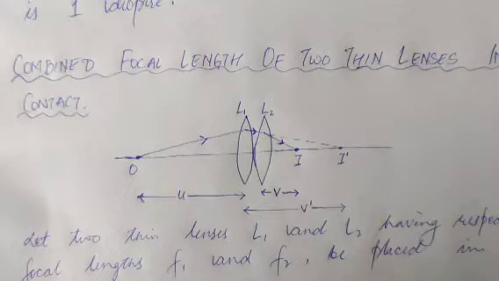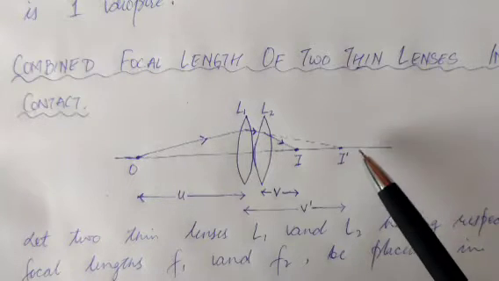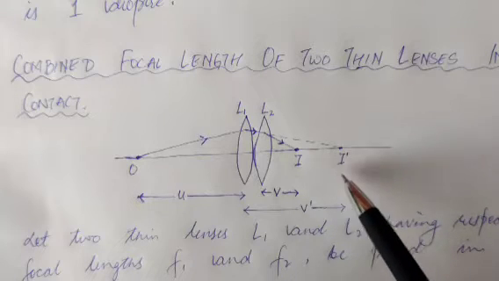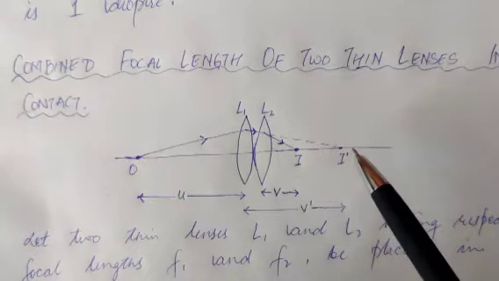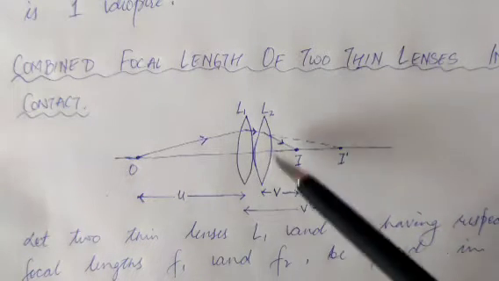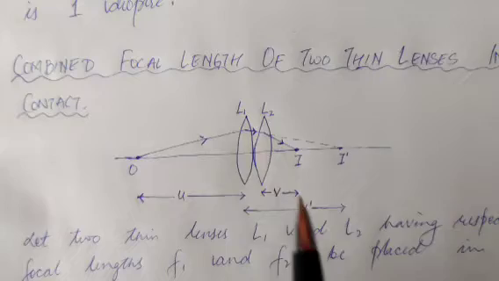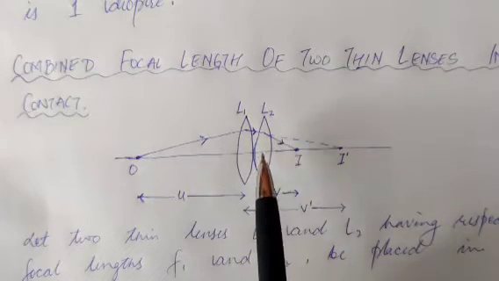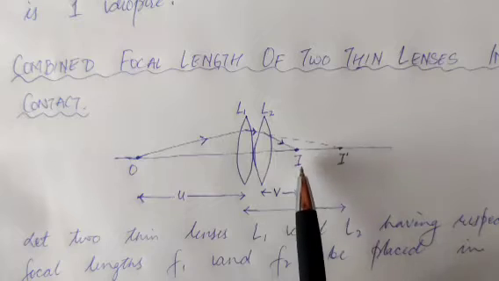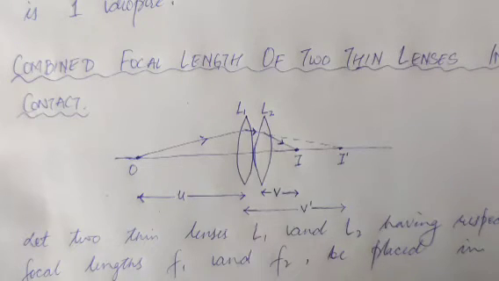So I dash, you can say, is like the virtual image now. Virtual meaning in the sense that this image is actually not there, but it would have been there if lens L2 was not there. But since L2 is actually there, the eventual final image is formed at point I.